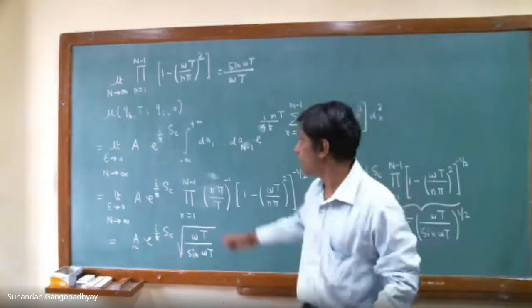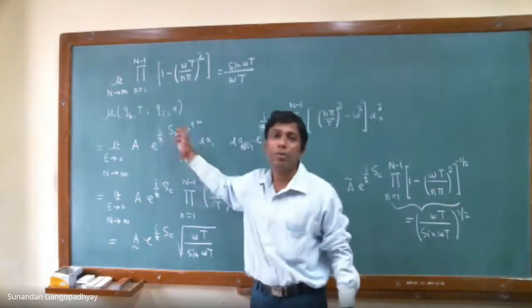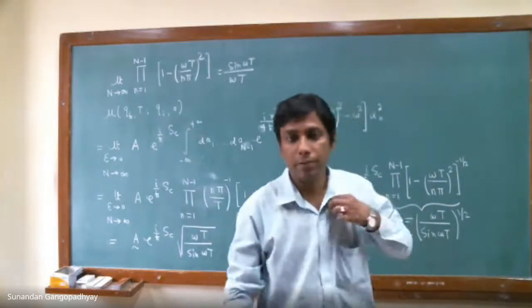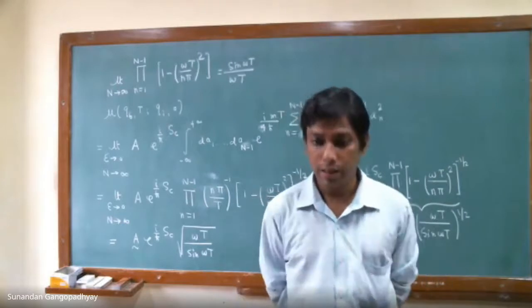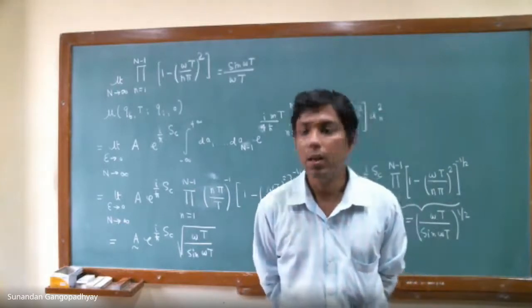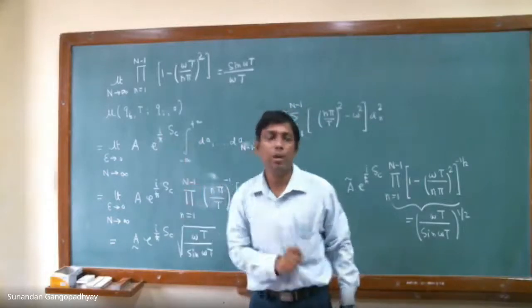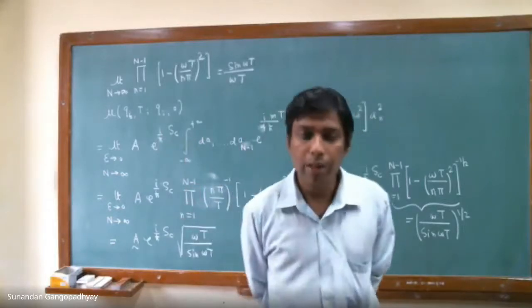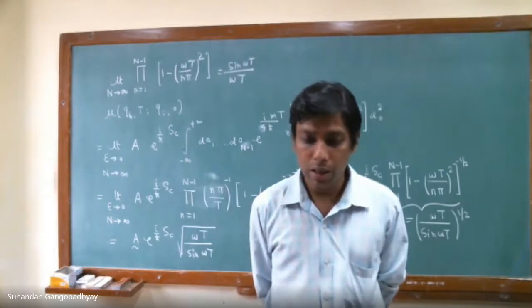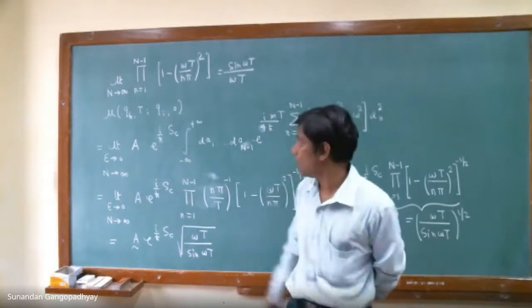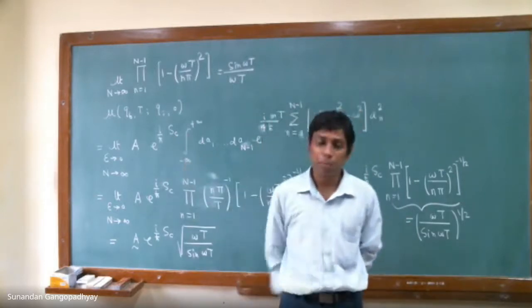I leave it as an exercise for you to verify that S classical. I won't do this in this discussion. Please check whether you get the expression that I wrote in the earlier lecture.